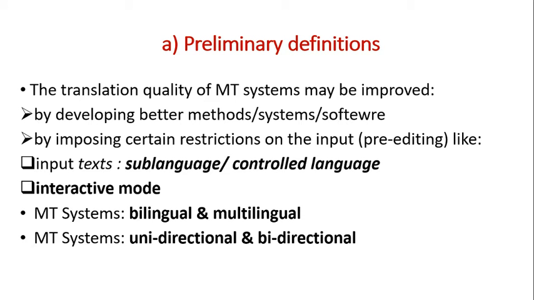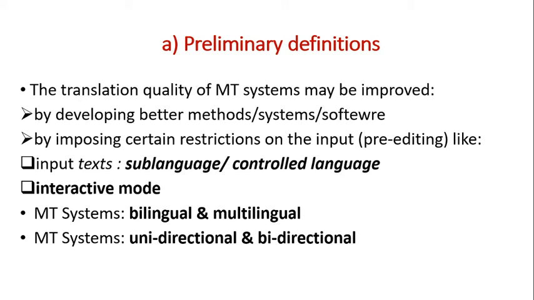By interactive mode, we mean that the software provides an interface where the translator can provide some settings before translating any text. So, for example, a translator can give instructions for a certain type of terminology, that is, the text is related to that particular area, so the terminology should be taken from that database.